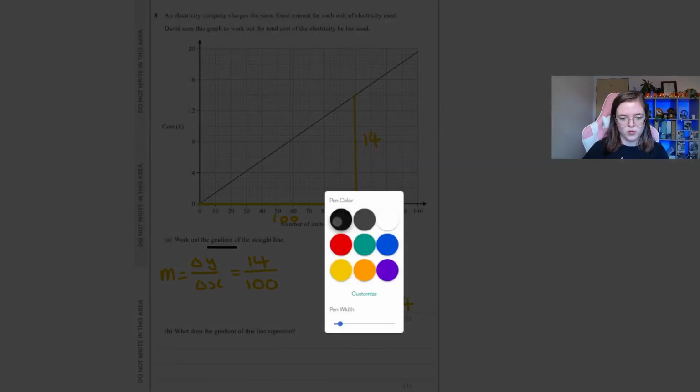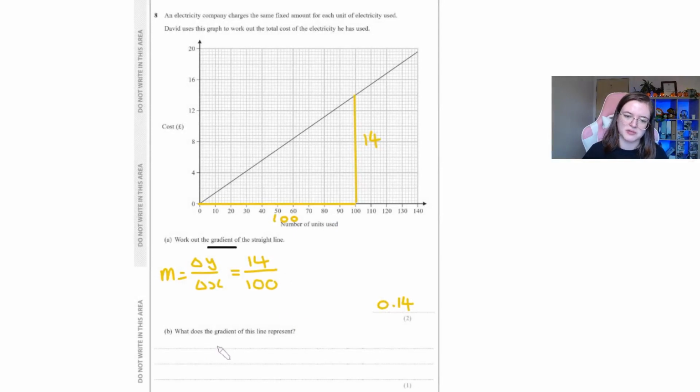And then what does the gradient of this line represent? Well, if we think about it, this is telling us that they're charging us £14 for 100 units of electricity. And because we've divided them, we've essentially found what it is for 1 unit of electricity, if that makes sense.